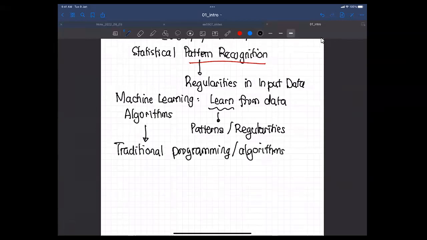So what is traditional programming? I'm not sure how many of you are from CS, from computer science. But in computer science, normally you will learn programming by knowing the step-by-step logic and then putting that step-by-step logic into your code. In other words, with traditional programming or algorithm, human programmers have to know the answer first, have to know the algorithm first.